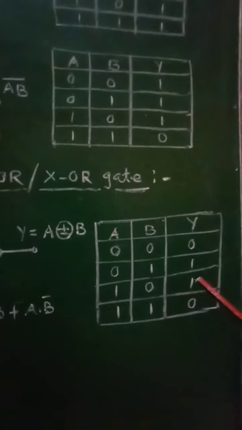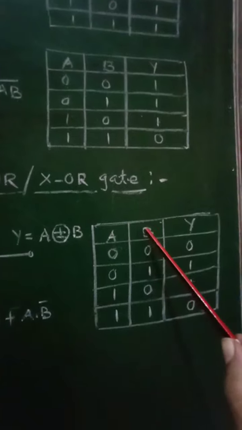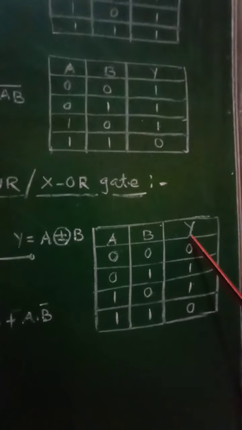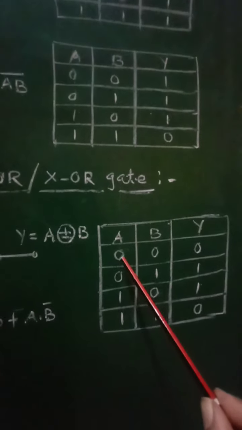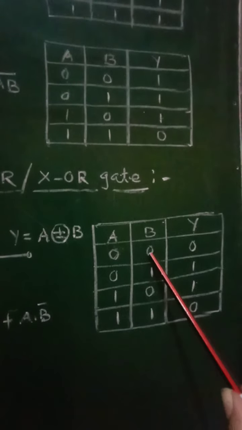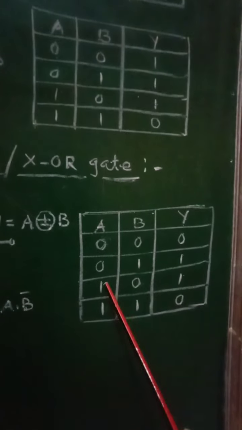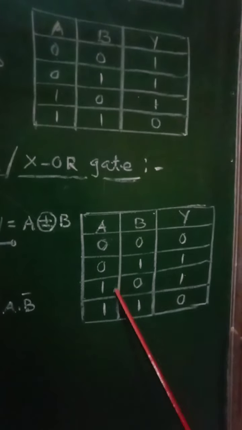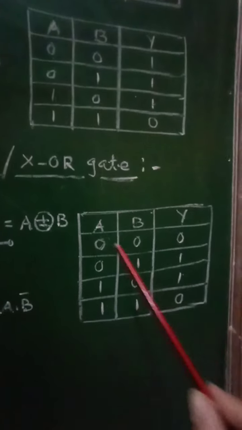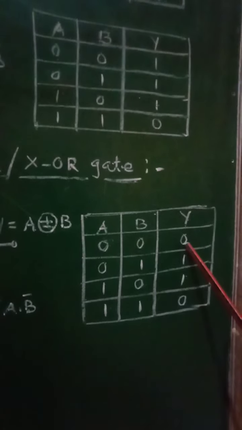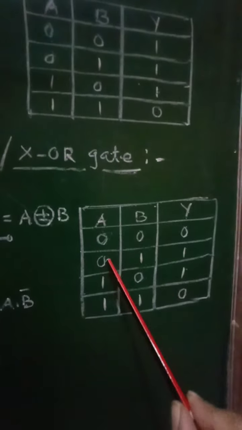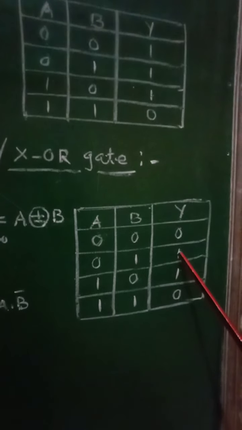Again, if you consider its truth table, it will have input A, input B and Y as the output. When inputs are 00, we will get output as 0, and for all others, that is 01, 10, 11, we will find its output. If it is 00, we will get output as 0. If it is 01, then we will get output 1.